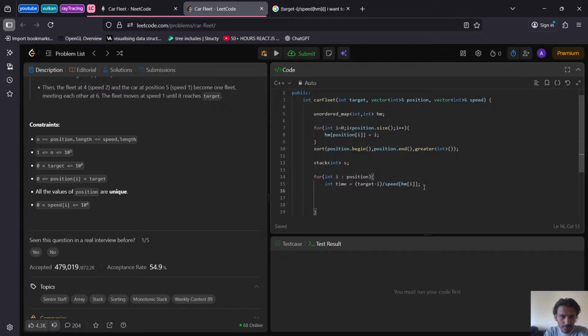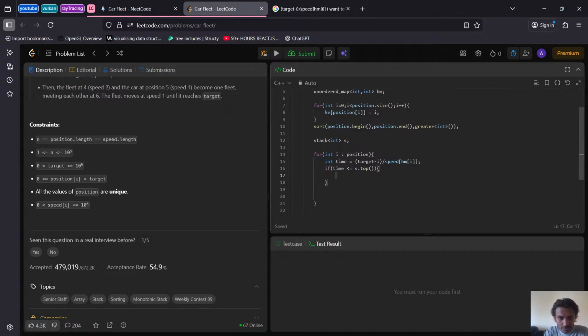Let's see if the time is less than or equal to s dot top, then we just continue. Else we push the time onto the stack. Before doing this, we need to check whether it is empty or not.